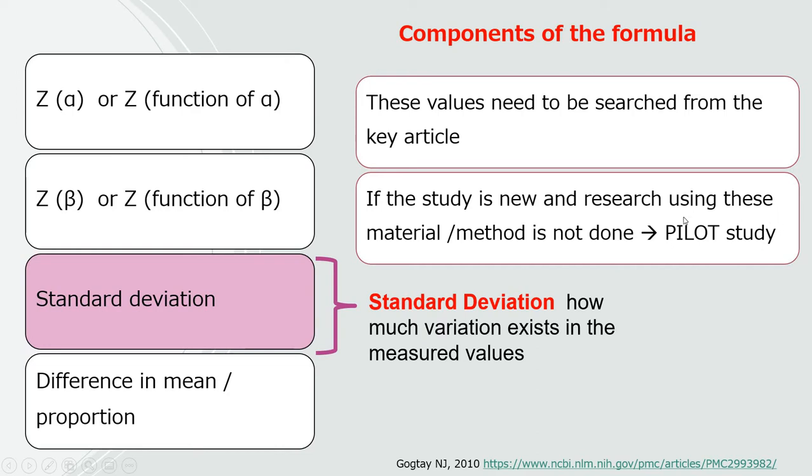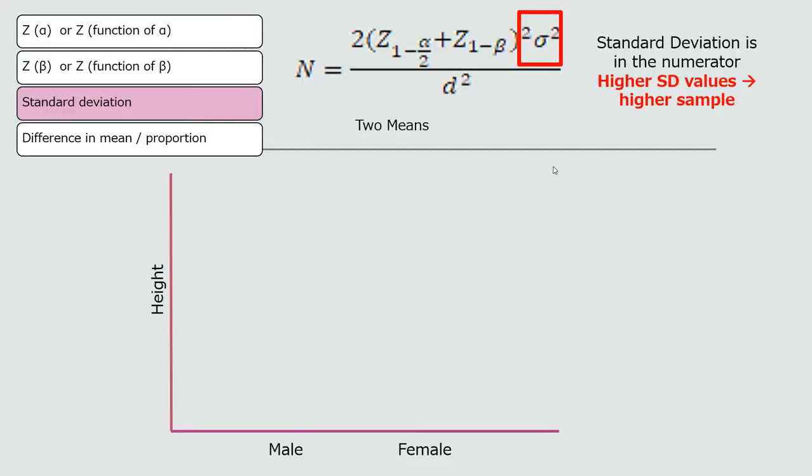This pilot study does not have a set sample size. You can do it as your convenience or feasibility or finance allows, and once you get the results of the pilot study, which will have a particular standard deviation or variation that is seen, that can be used to calculate the actual sample size.